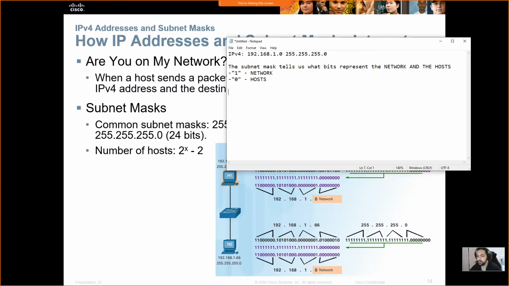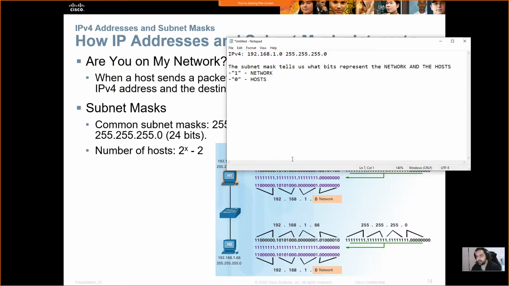Now, what do I need to do to determine what portion of my IPv4 address I can change and assign to the hosts within my LAN? I need to compare the IPv4 address with the subnet mask. I need to do a mathematical operation to determine what bits I can use for the hosts and what bits I can use for the network.